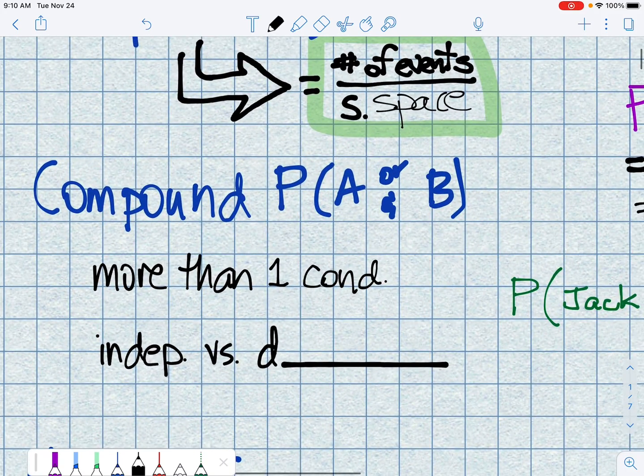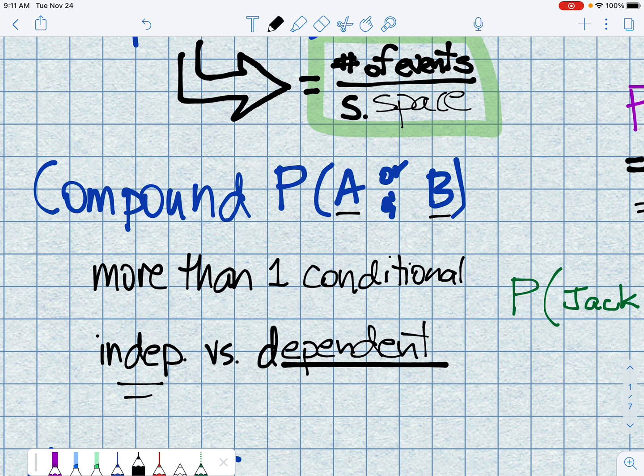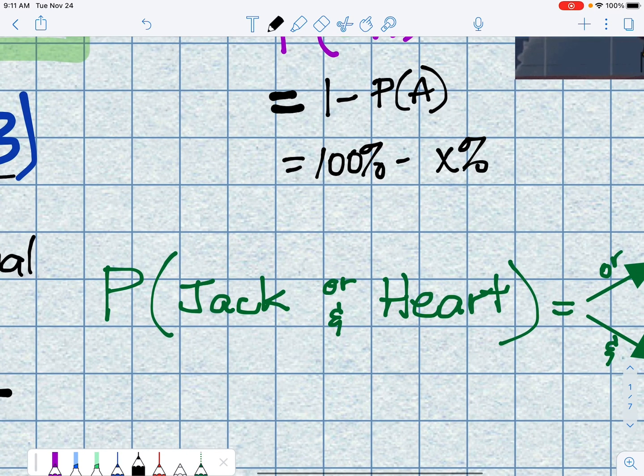All right, compound events. When there is more than one condition, so you have two events that you're looking for, A or B. Typically, they start off with A or B, and these are independent events, so you can just add them up. But we must, as we move forward, look also at dependent events, which means things like, okay, if I was doing what is the probability of getting a jack or a heart, know that there is overlap here, meaning we have 4 jacks in the deck, we have 13 hearts in the deck, but one of those jacks is a heart.